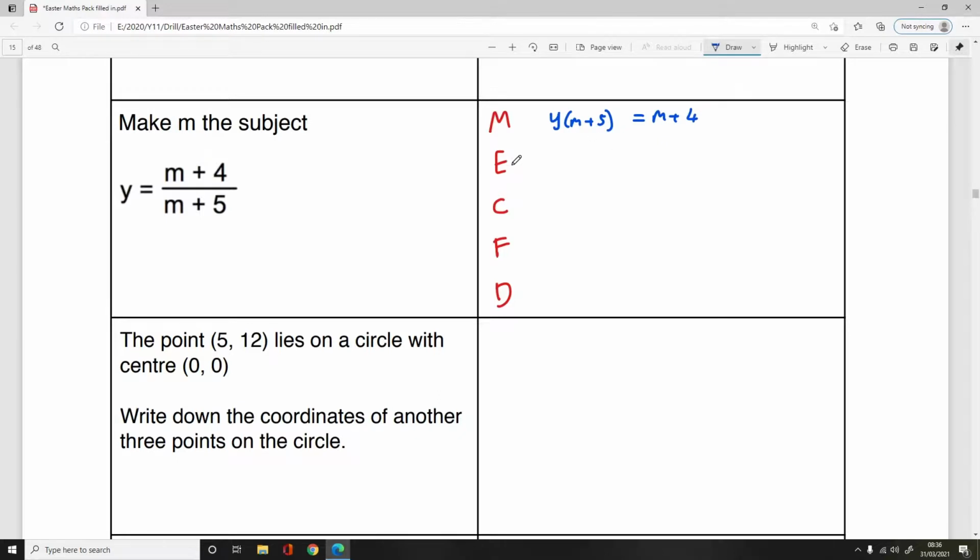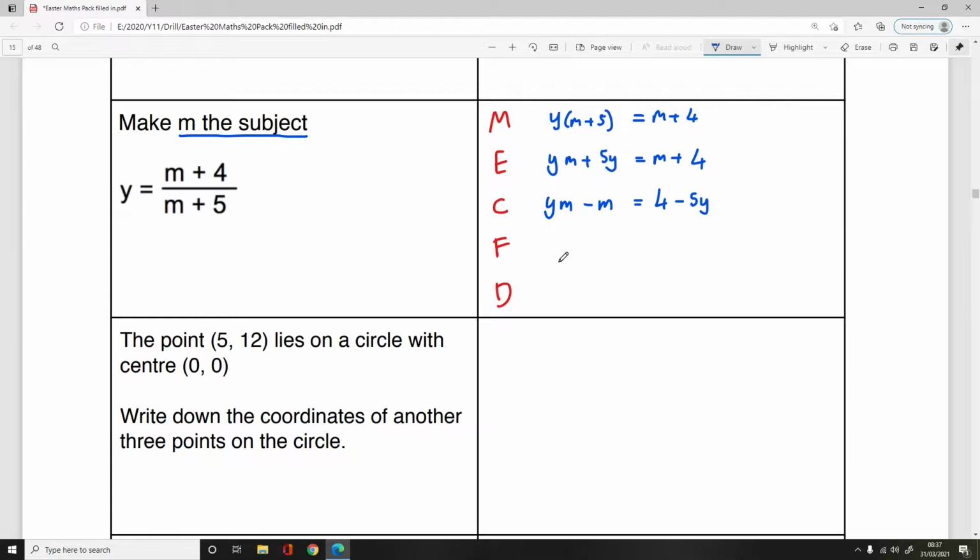That's our m. We're going to expand our brackets: ym plus 5y is m plus 4. We're going to collect our terms. Now it's m that we want to make the subject, so we need to collect all the m's on one side. We'll do that by subtracting the m from the right and also subtracting the 5y from the left.